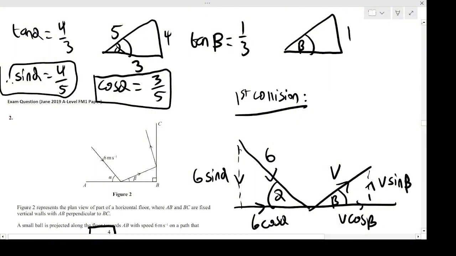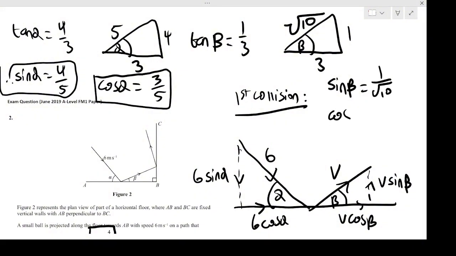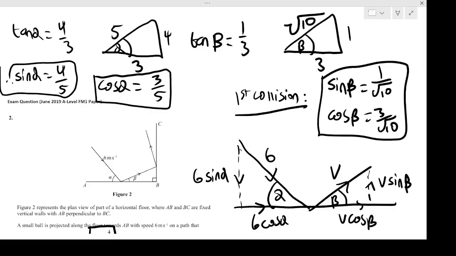The opposite side is 1, adjacent is 3. Now, if I do Pythagoras on this, 3 squared plus 1 squared is 10. So it's going to be root 10 here. So sine beta is opposite 1 over hypotenuse root 10. Then cos beta, adjacent is 3, and then we divide by root 10 for the hypotenuse. So those are my expressions for beta.